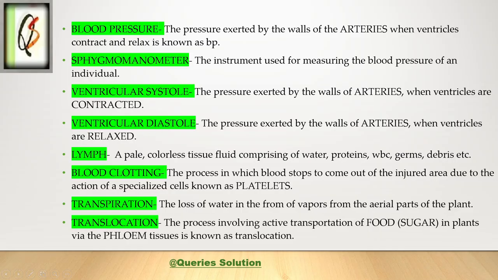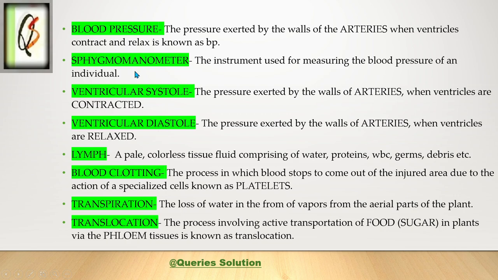So whenever we talk about BP, we talk about the ventricular systolic pressure and the ventricular diastolic pressure. That's what makes up the normal value of 120 by 80. 120 resembles your ventricular systole normal range, and the 80, which we say as the low side of BP, is the ventricular diastole.